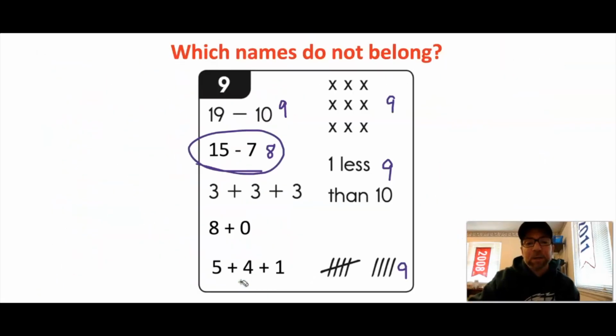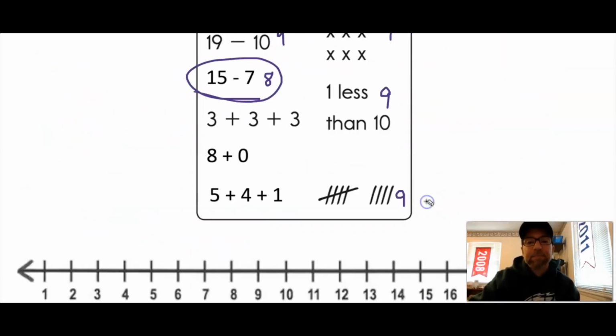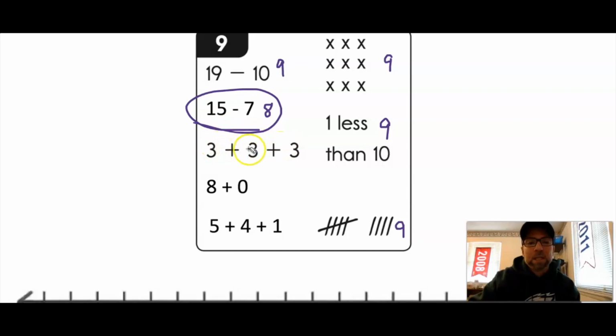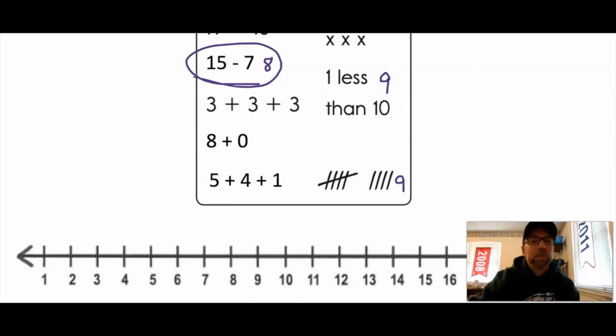Now the next one says 3 plus 3 plus 3. Let's see. I could start at 3, add 3 more. 1, 2, 3. And then add 3 more. 1, 2, 3.